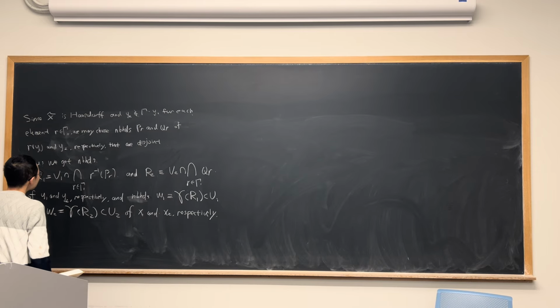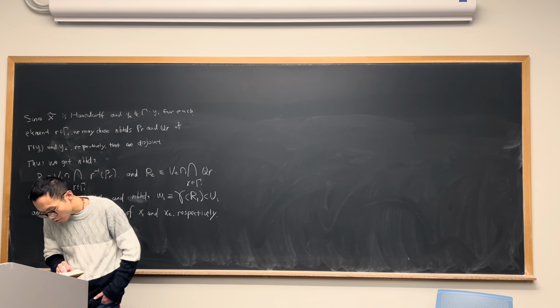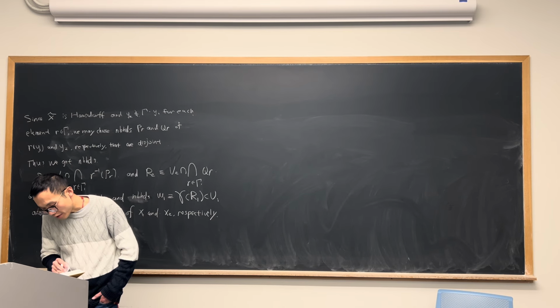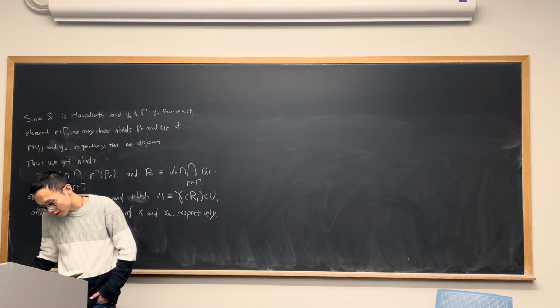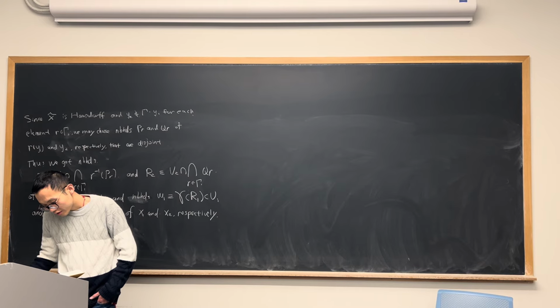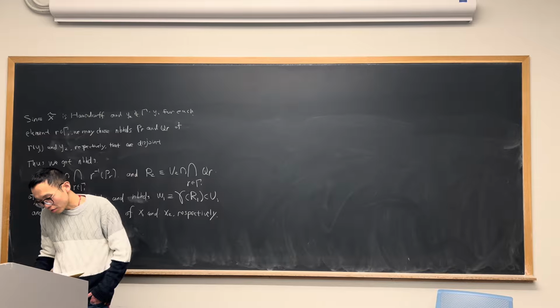So what is V1? V1 is a component of gamma inverse of this U1.